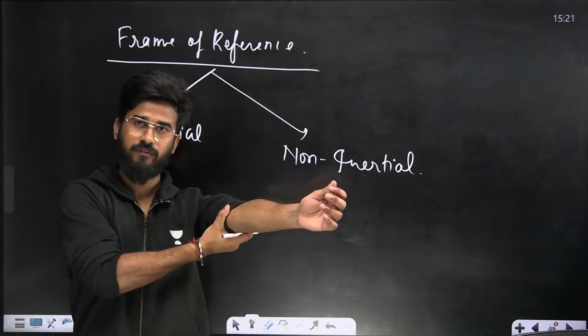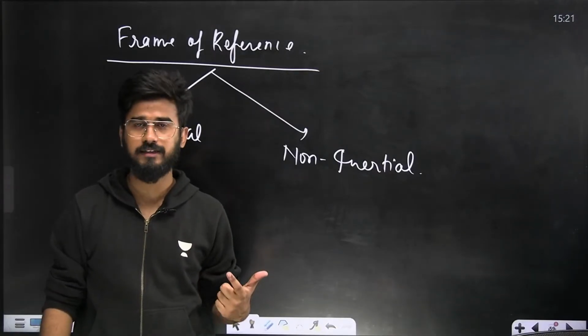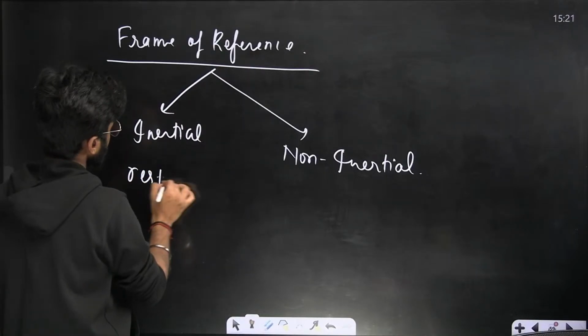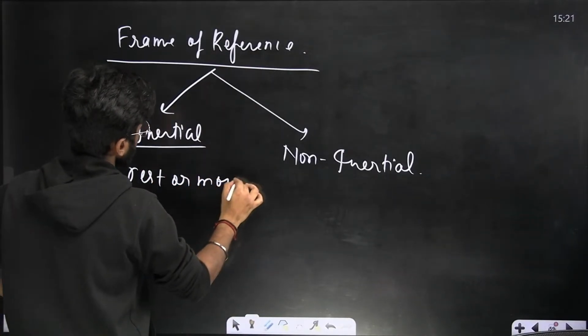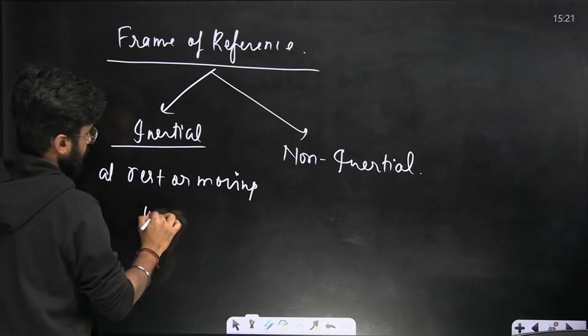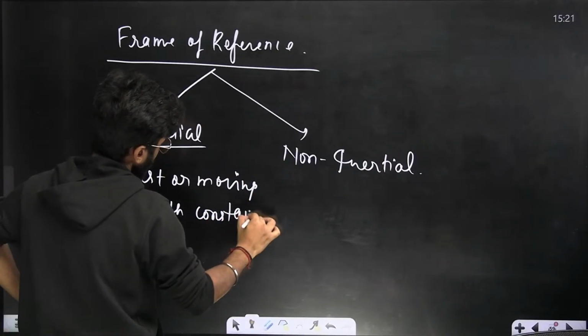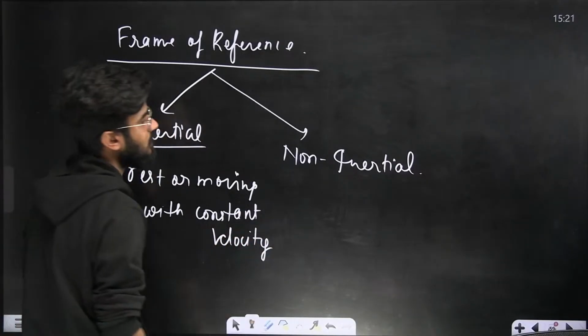An inertial frame of reference is a frame which is at rest, or moving with constant velocity. This is called an inertial frame of reference.